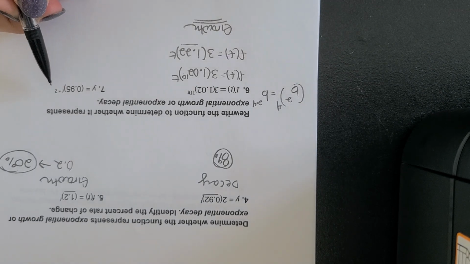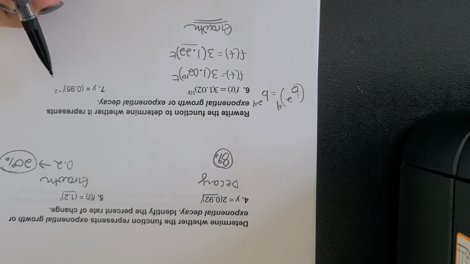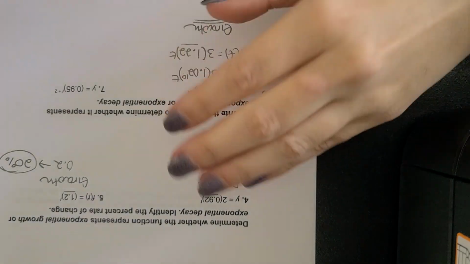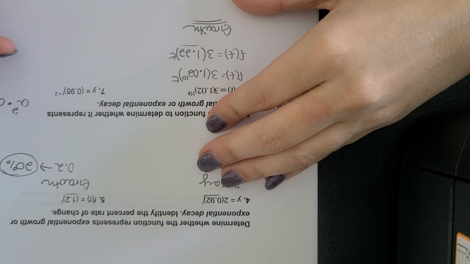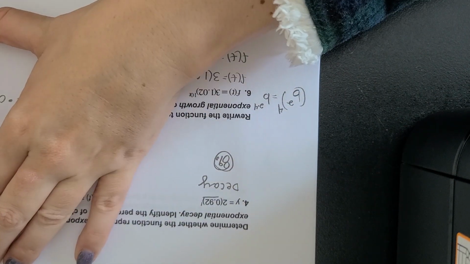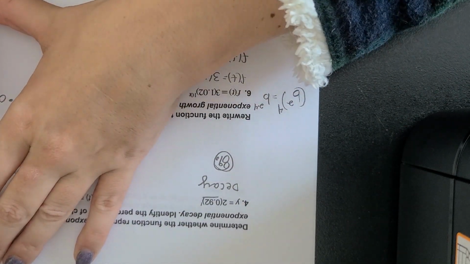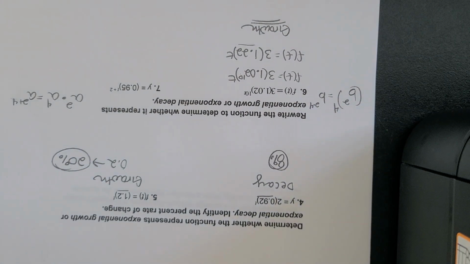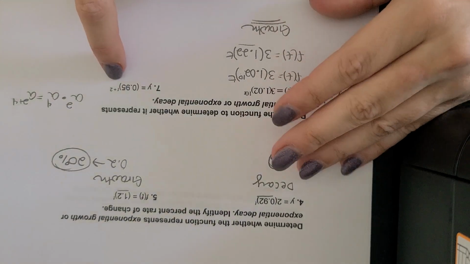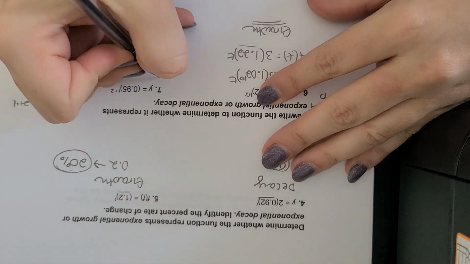Here, I'm adding exponents. How do you add exponents? When you have the same bases that are multiplied. So like a squared times a to the 4th is a to the 2 plus 4. Remember that? So all we're going to do is just separate this.